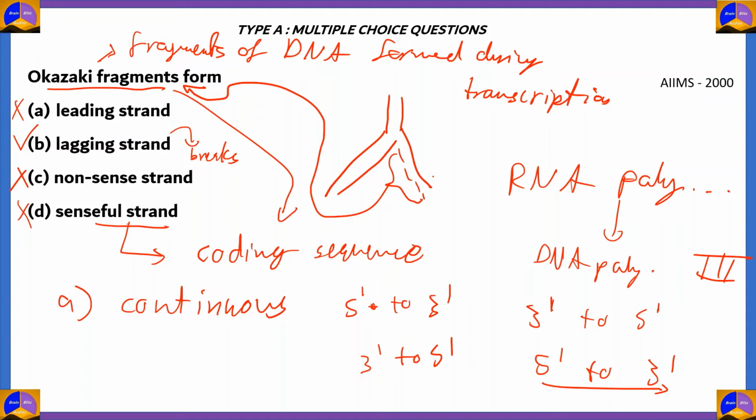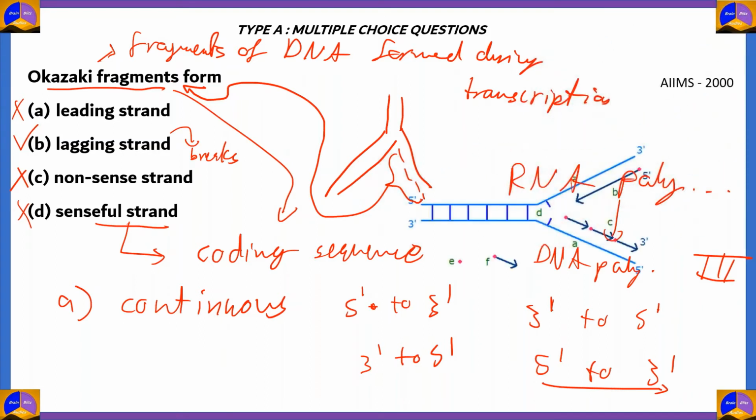So option B, lagging strand, is the right option. Now, this is how it's done, because when we're transcribing DNA, we're essentially breaking off the bonds in between, and then 5' to 3', it goes smoothly. 3' to 5', it goes smoothly, the DNA. However, when it comes from 5' to 3', then it doesn't go so well, and then it has to endure a lot of breaks.